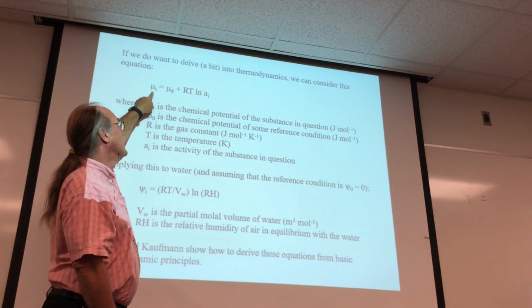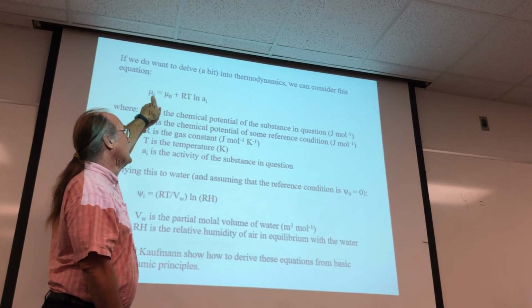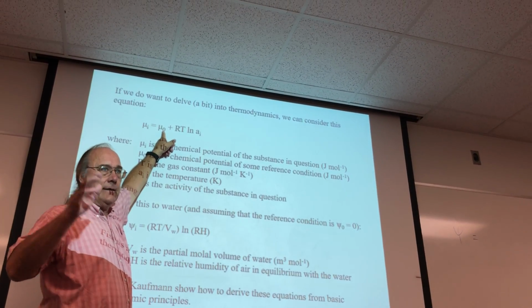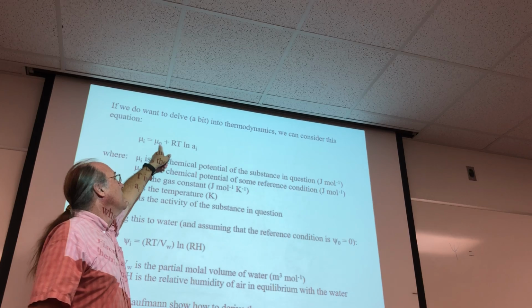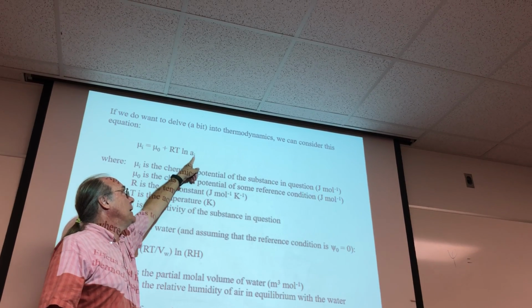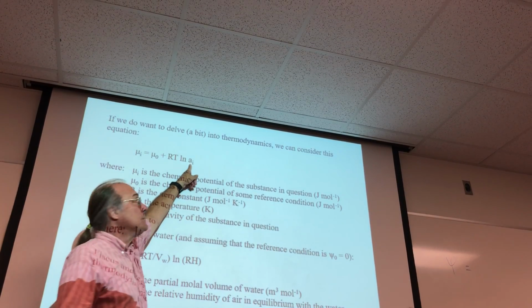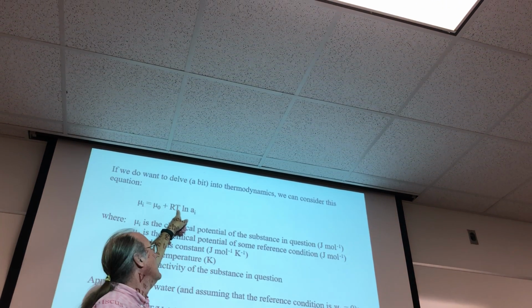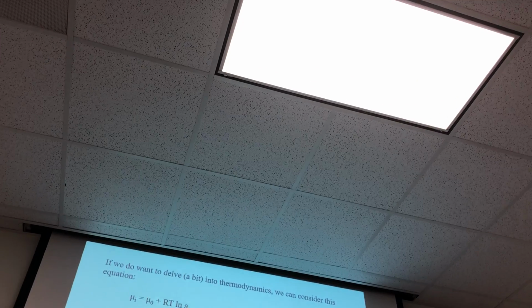The chemical potential of a substance equals the chemical potential of that substance in some defined standard state, plus RT times the log of what's called the activity of that substance. R is the gas constant, T is the temperature in Kelvin, and ln is the natural log. The activity depends on what substance you're talking about.